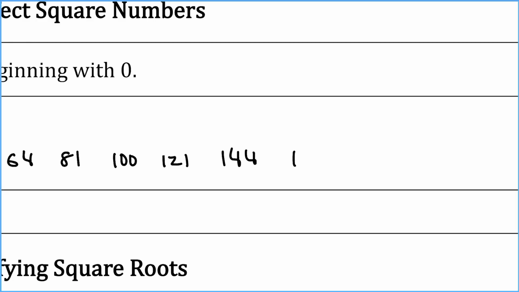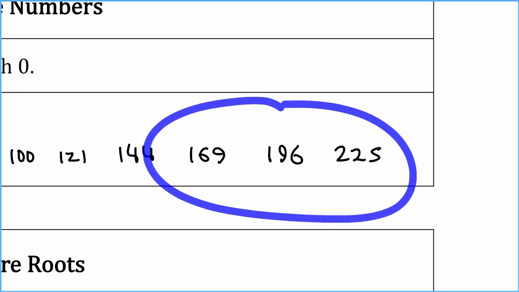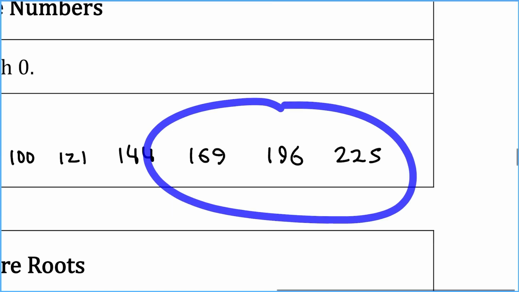Let's get 13, 14, and 15, not that hard. 13 squared is 169, and then to get 14 squared, all you have to do is flip the 9 and the 6 for a 196. So 13 squared is 169, 14 squared is 196, and 15 squared is 225, which is, I don't know, a nice number. So these shouldn't be too hard for you to add to what you already know.